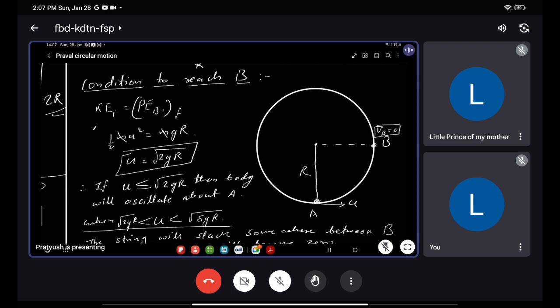The initial kinetic energy is fully converted into potential energy, which is mgr at that point. So the initial velocity is equal to under root of 2gr. If the velocity is equal to under root 2gr, then the pendulum will not get past point B.